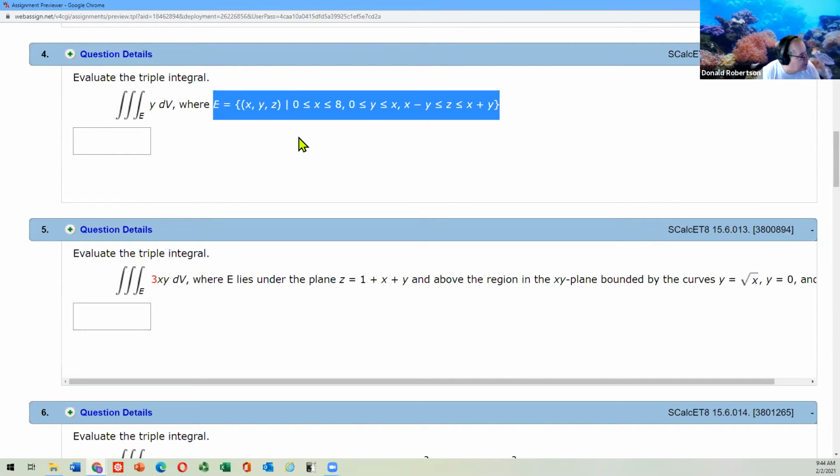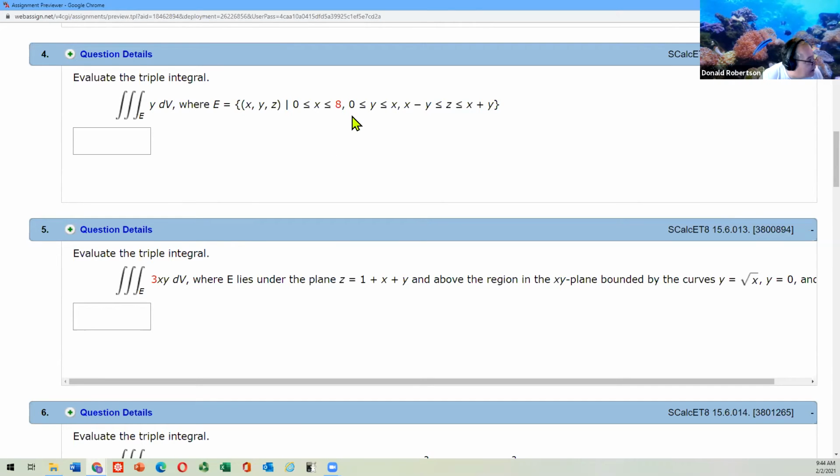As I look at this, although you can't see it yet, I am writing it down. I'll write down my triple integral and I'll write y. And now I'm looking at the 3 guys in town. X goes from 0 to 8. Y goes from 0 to X. And Z goes from here to here.